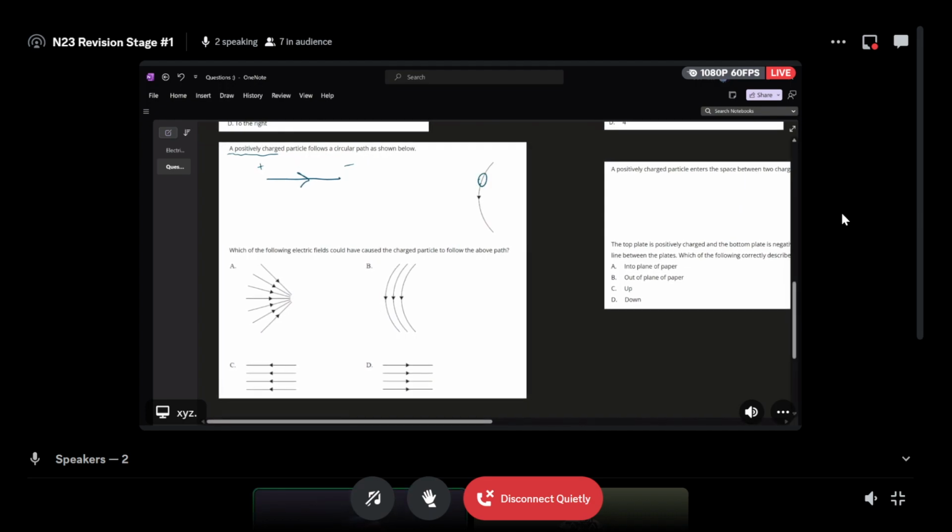And if a positively charged particle is traveling a circular path, what do we know from circular motion when we travel a circular path? Let's see the chat. What do we know about circular motion and circular paths?